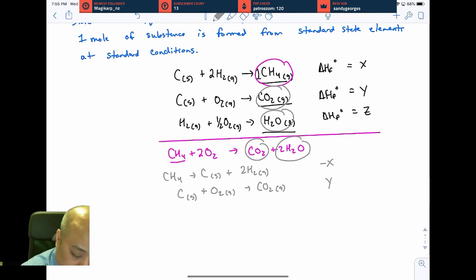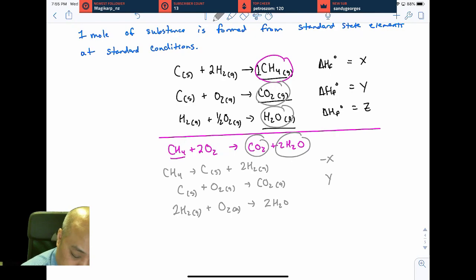So you multiply the whole reaction by 2. So this becomes 2Z.